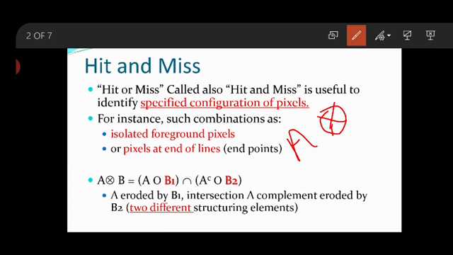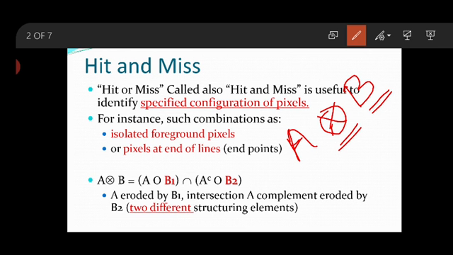Now A is an image, B is your structuring element. I hope I discussed the structuring element previously also. We will see some more structuring elements in the coming classes. So A hit and miss with B, where B is the structuring element.